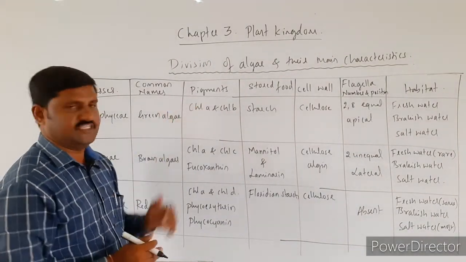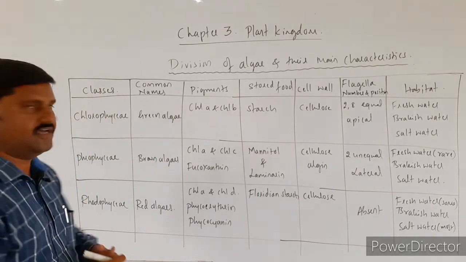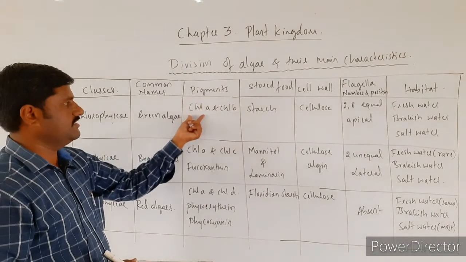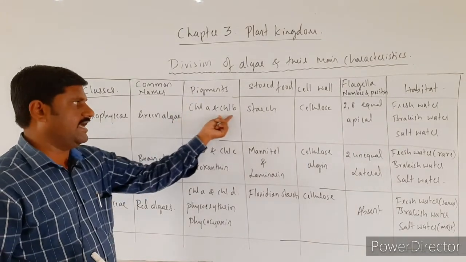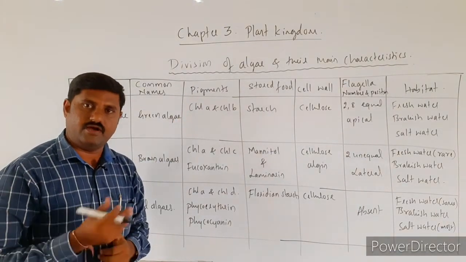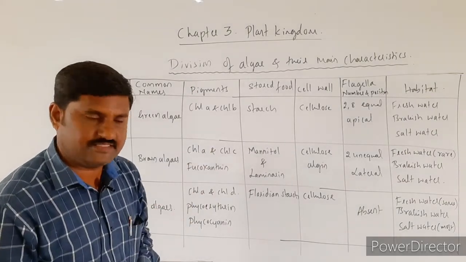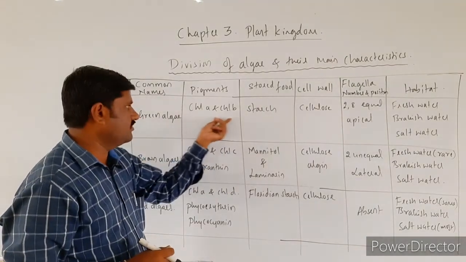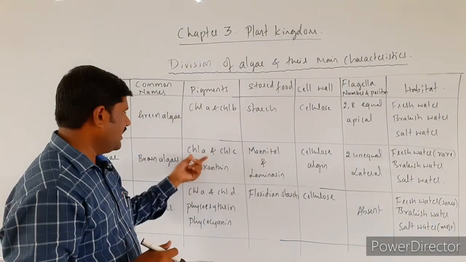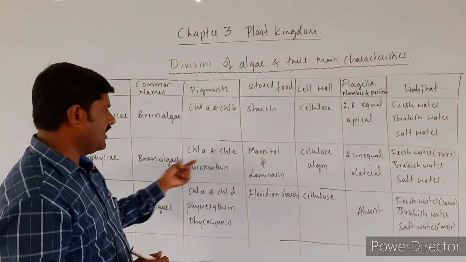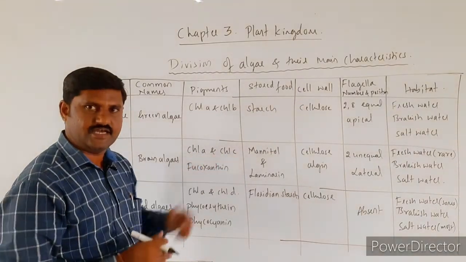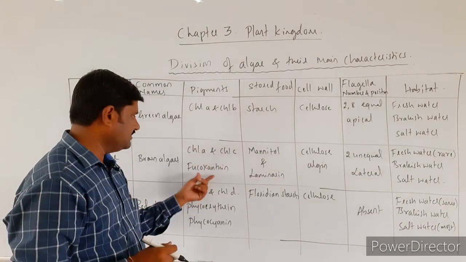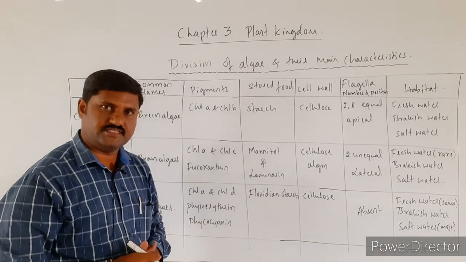And the pigments respectively present in these three types of algae. In green algae, chlorophyll a as well as chlorophyll b, along with carotenoids as well as xanthophylls, are present. In brown algae, chlorophyll a as well as c are there, along with a type of xanthophyll, that is fucoxanthin.